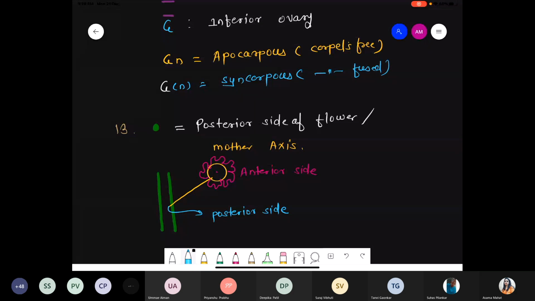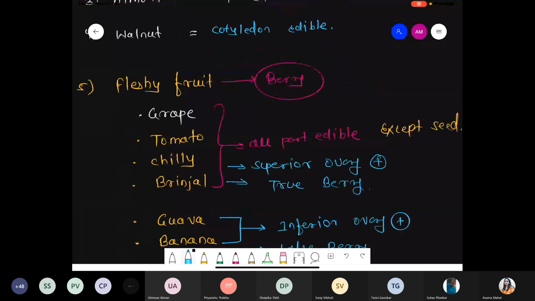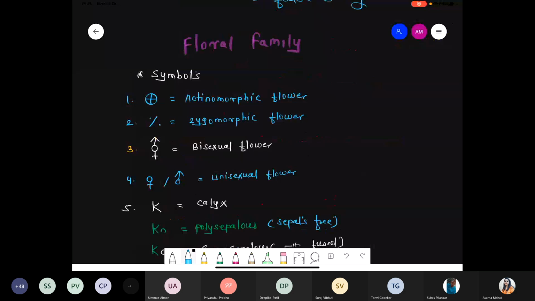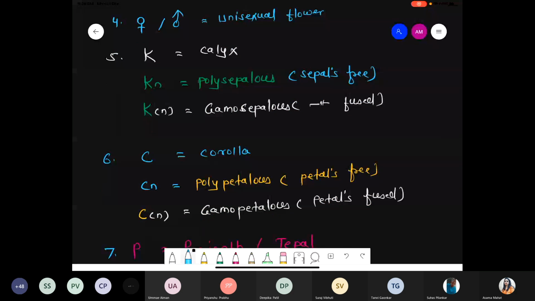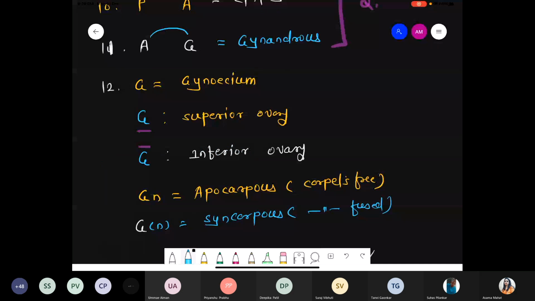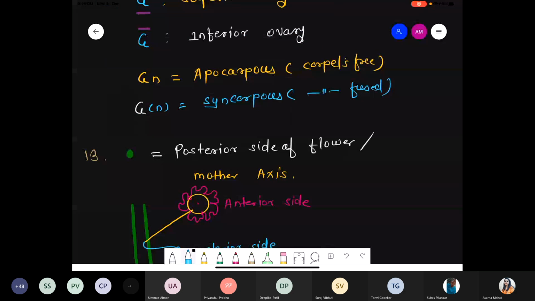Just quickly check. We have taken all these symbols. It's very important. Actinomorphic flower, zygomorphic, bisexual flower, unisexual flower, calyx, polysepalous, then gamosepalous, corolla, polypetalous, gamopetalous, perianth, androecium, epipetalous, epiphyllous, gynandrous, gynoecium, then superior ovary, inferior ovary, apocarpous ovary, syncarpous ovary, and finally we talked about the posterior side of the flower, which is simply represented by a dark dot.